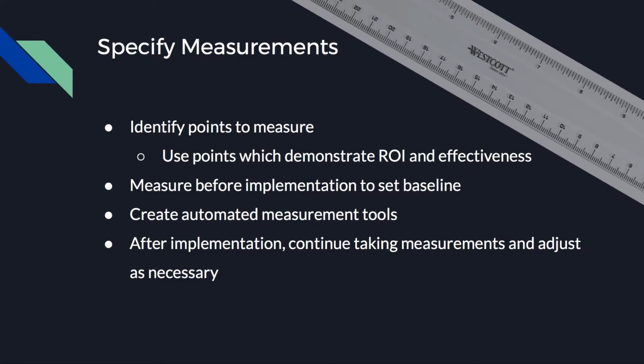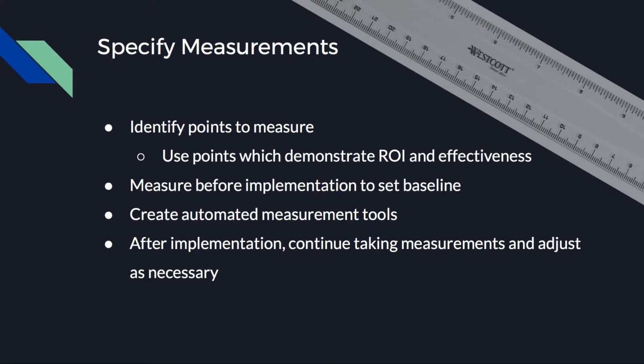That way you can set a baseline to know if there is improvement in the actual implementation of the product. Creating automated measurement tools will improve this process to make sure that those measurements are calculated immediately instead of just at the end or whenever you decide to make the calculations.